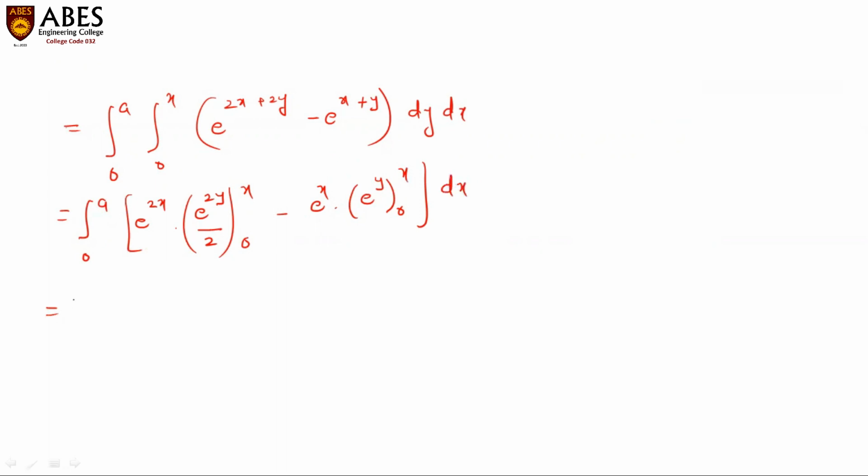dx. Now we will put the limits of y: e to the power 2x, e to the power 2x by 2 minus 1 by 2, minus e to the power x, e to the power x minus 1, dx.